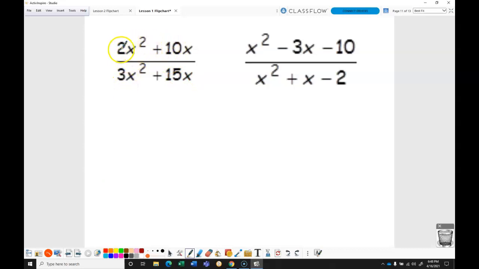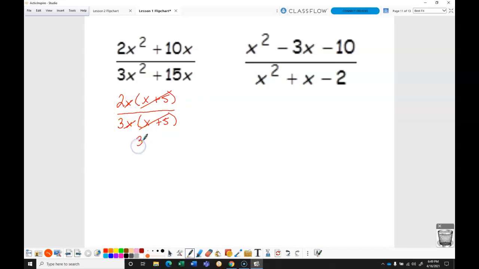So I see a common factor of 2x in the top here, and when I divide that out, I get x plus 5. And in the denominator, I see a common factor of 3x, and that leaves me with x plus 5. Well, this one's kind of cool because not only does the x plus 5 cancel out, but so do the x's.